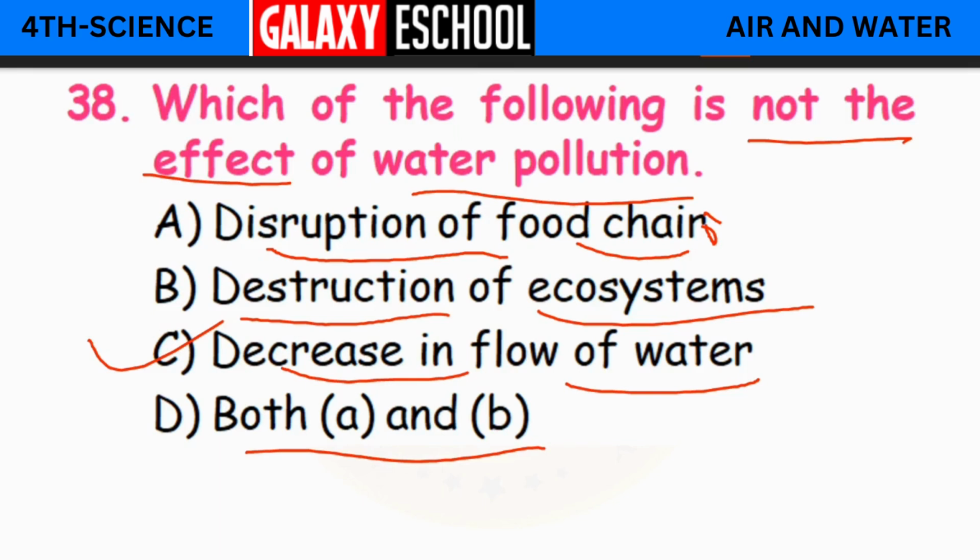If we are not receiving a good amount of water, then it is not an effect of water pollution. So that is why the C option is the correct answer. Whereas A and B, disruption of food chain and destruction of ecosystems, are both effects of water pollution.